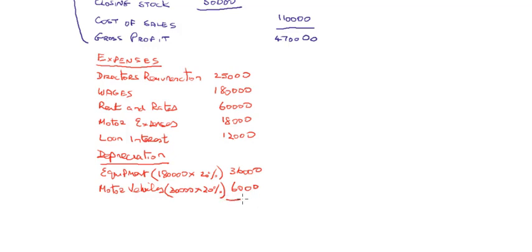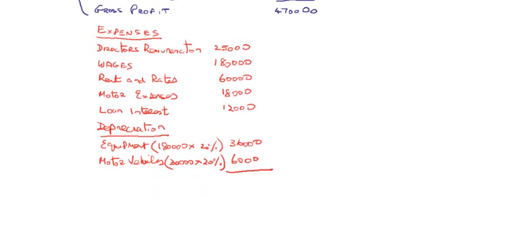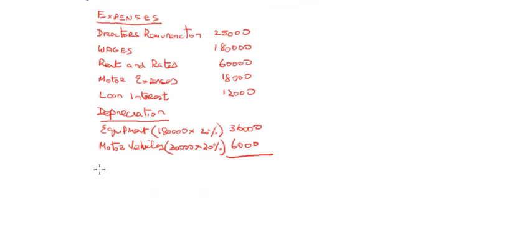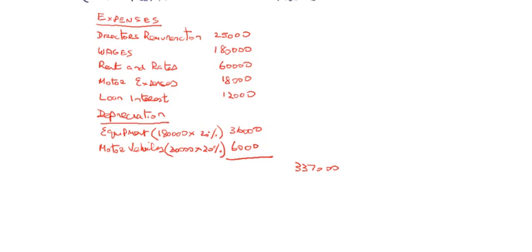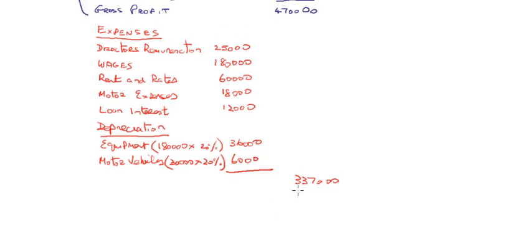So we'll draw a line underneath it and add them up, and the total comes to 337. So the 337 are our expenses. And remember, when we were talking about how to calculate the profit, we subtract expenses gradually from the revenue up above.